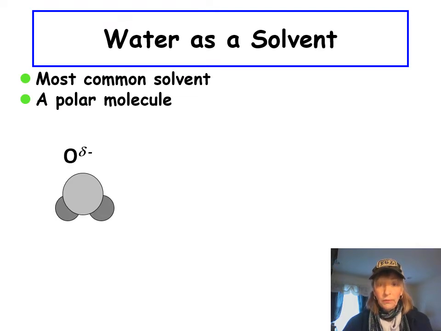That oxygen is more electronegative than the hydrogens and therefore possesses a partial negative charge, causing each of the hydrogens in the water to take on a partial positive charge. So we have a polar molecule.